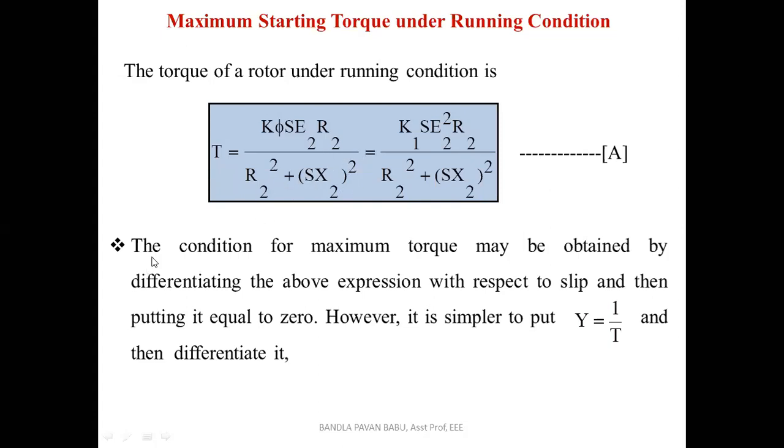Consider the same equation, and we need to find the torque under running condition. Look at the second point: the condition for maximum torque may be obtained by differentiating the above expression with respect to slip. So we need to differentiate this part of the equation with respect to slip and put it equal to 0.